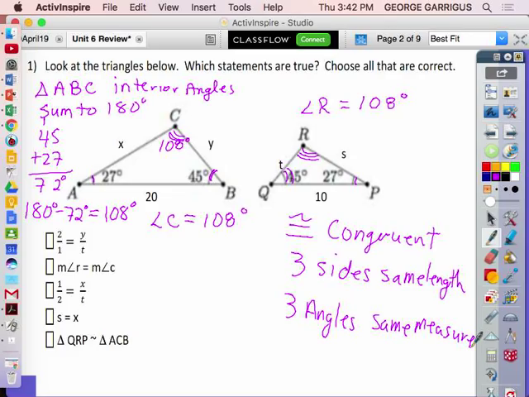Well, we know that the angles are a check, but not the sides. That's not true. So instead of being congruent, they're not congruent. Instead, we're going to say that they are similar triangles.